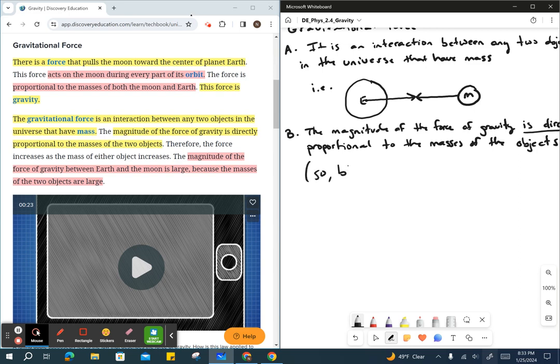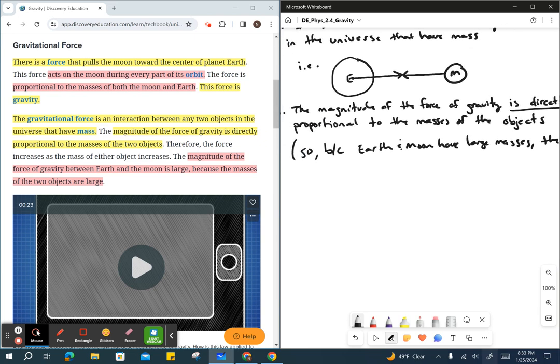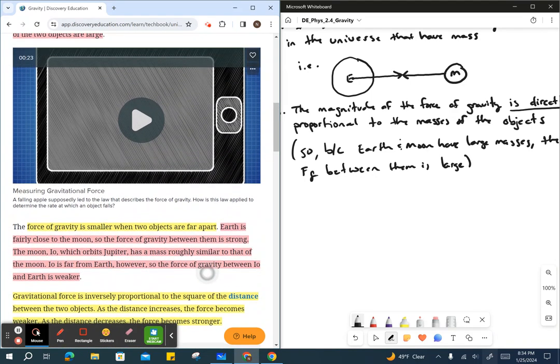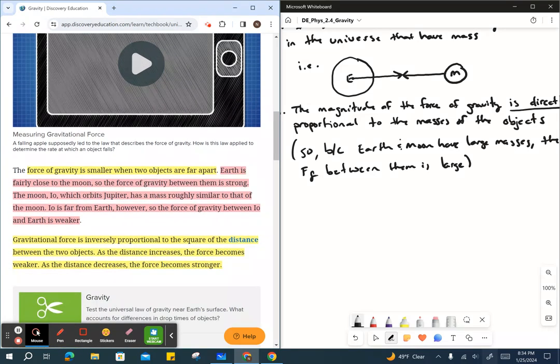Because Earth and Moon have large masses, the force of gravity between them is large, right? You have a nice video here, measuring gravitational force. Please watch that. It's a 23-second video. Make sure you watch that. Your text includes these videos.